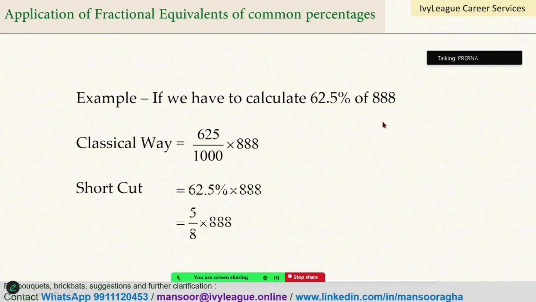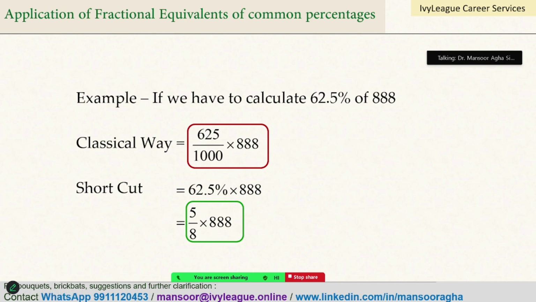Sir, I did not understand what you just said. If you remember that 62.5% is equal to 5 by 8, and there's a question in which you have to find out what is 62.5% of 888, then the calculation becomes easier because of it.